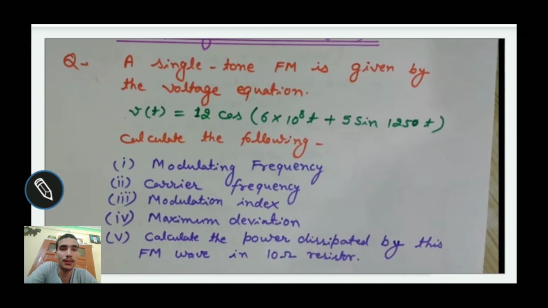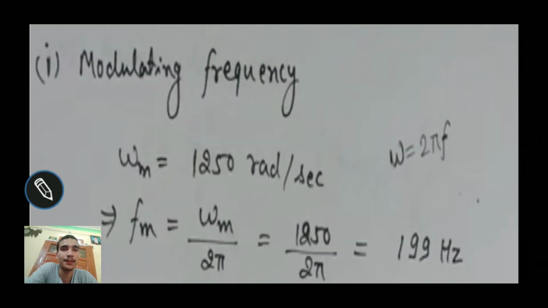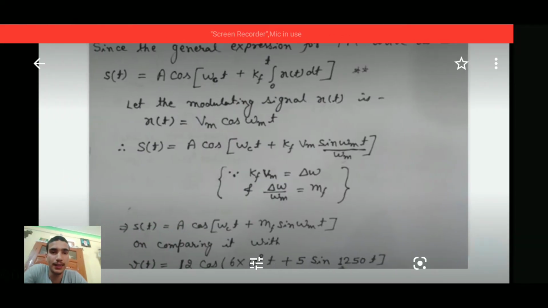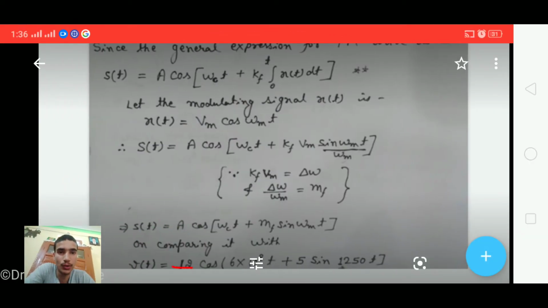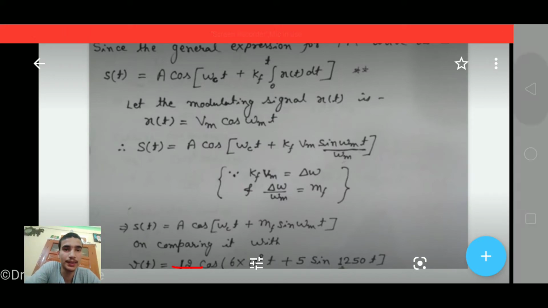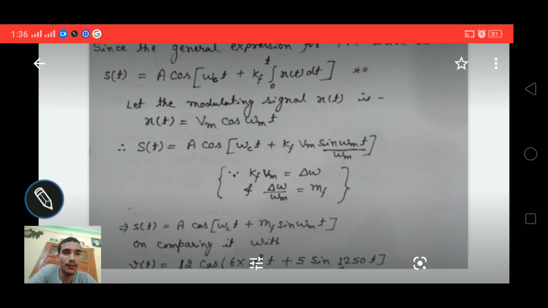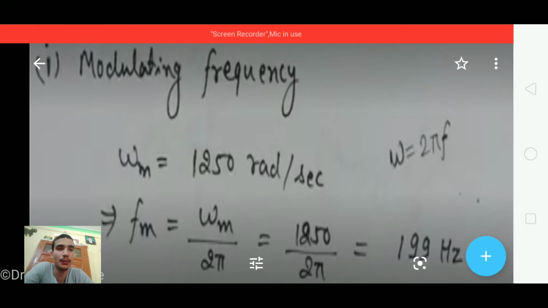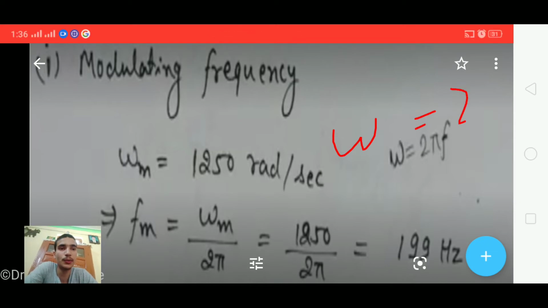The first part we have to solve is the modulating frequency. Modulating frequency here is given as 1250 radian per second, and we know the formula omega = 2πf.